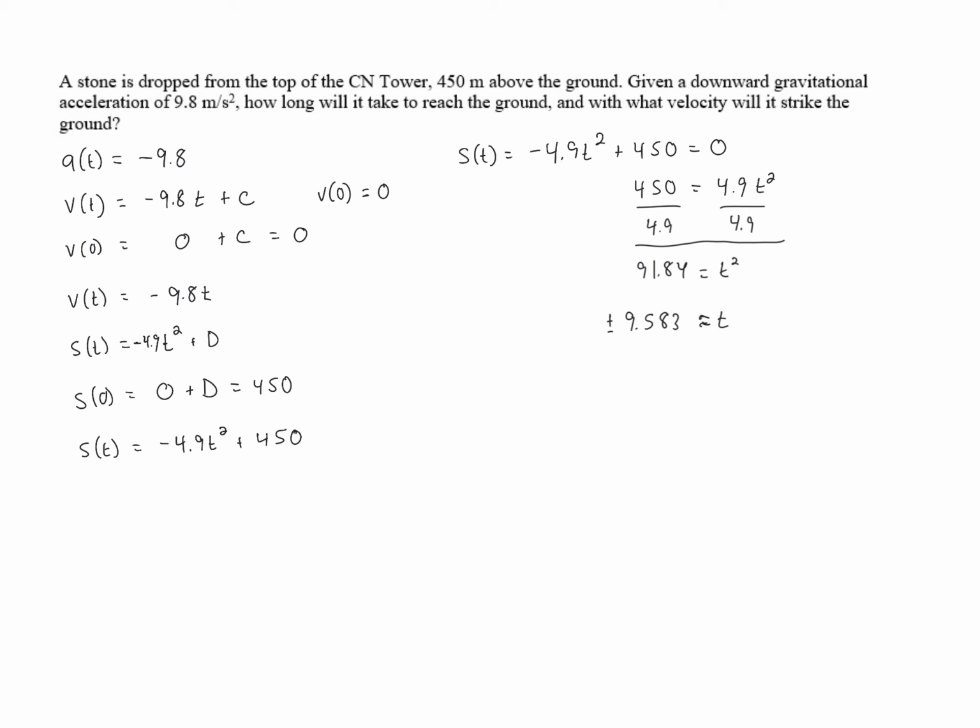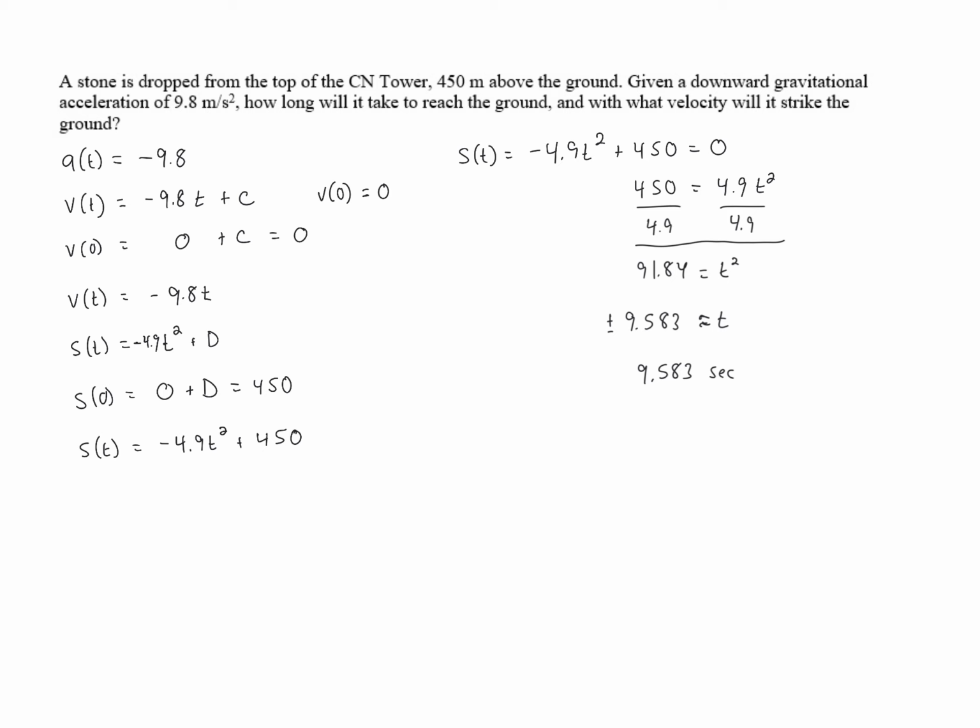We're going to throw away the negative time, because this problem starts with us dropping the stone at t equals 0, and we're looking at how long after we've dropped it takes to hit the ground. It doesn't make sense to look at negative values because we don't know what happened before we dropped it. We're only looking at positive values. So it's going to take about 9.583 seconds to reach the ground.